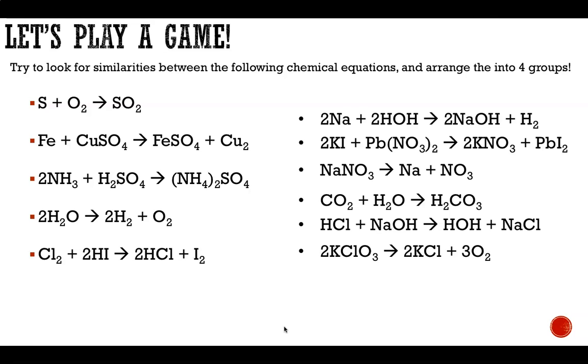You could do that by using a color code, if you have something handy, or a little symbol on your sheet beside these reactions. So try to sort them into 4 groups that are similar. Pause now and try that.